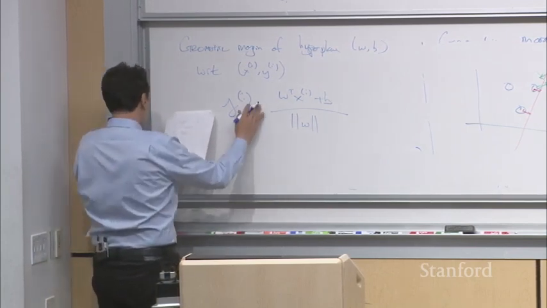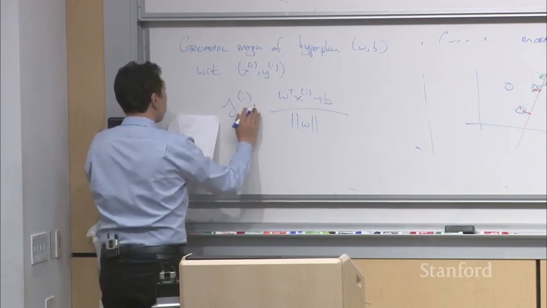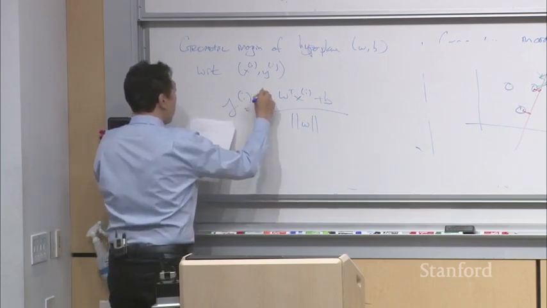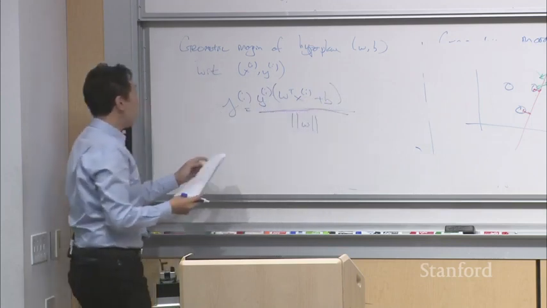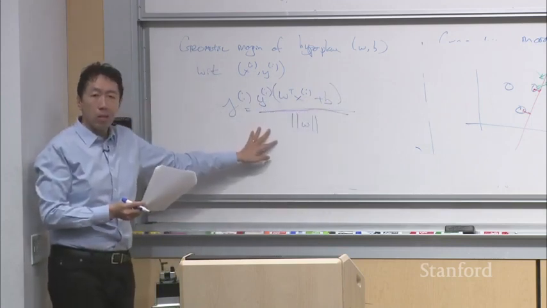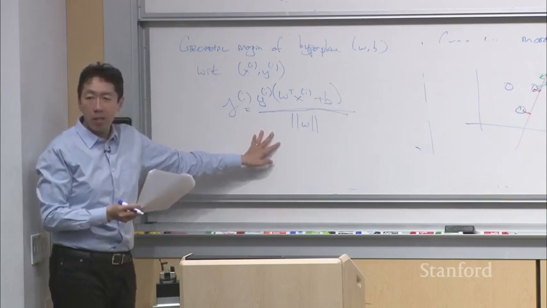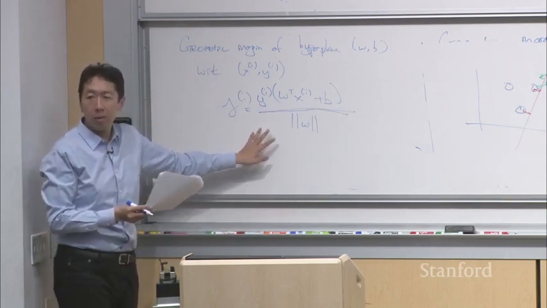More generally, I'm going to define the geometric margin to be equal to this, and this definition applies to positive examples and to negative examples.